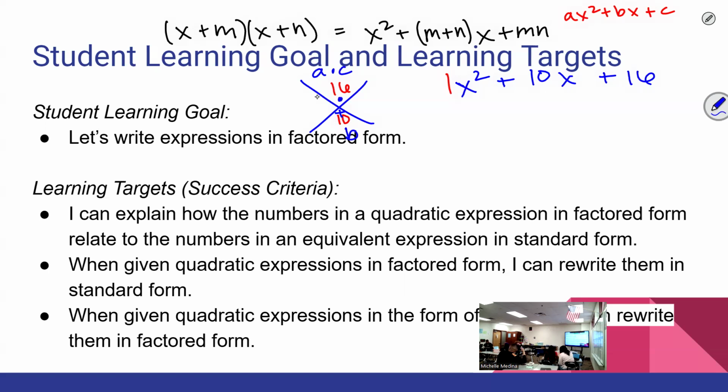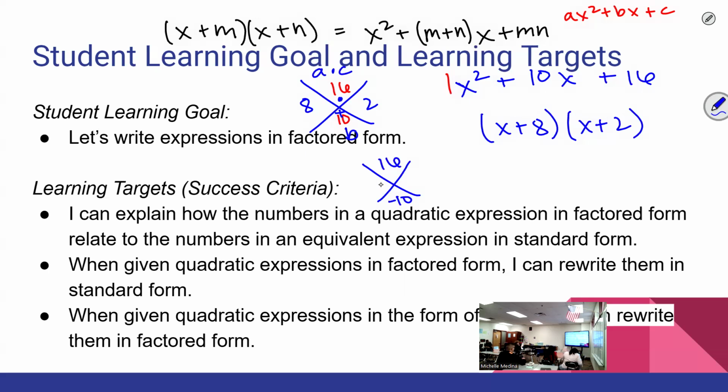All right, trying to find my pen, it's lagging. 8 and 2. And to make it work, they both have to be positive, right? So then when I write my final answer in factored form, it'll look like this, with the signs corresponding to if it had to be positive or negative to make it work. So say that it was a negative 10 that we needed and a positive 16.